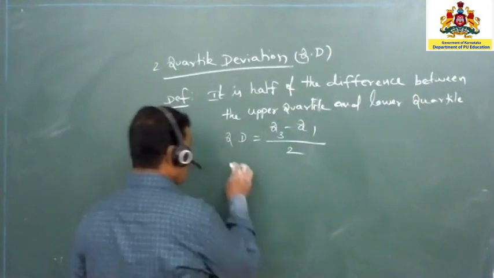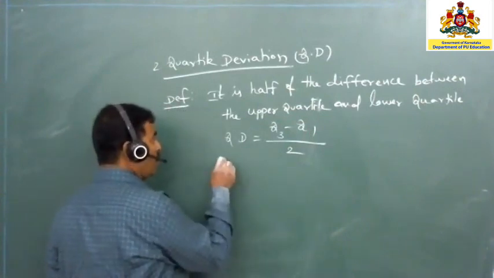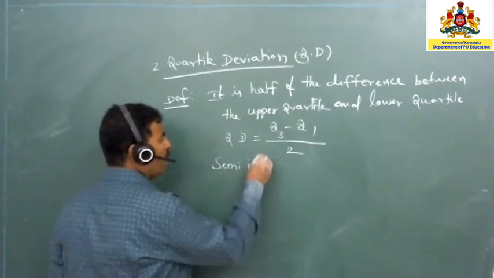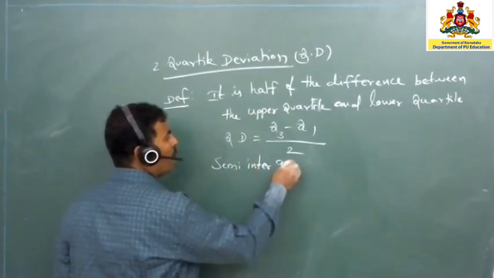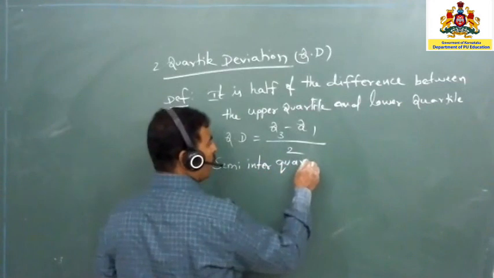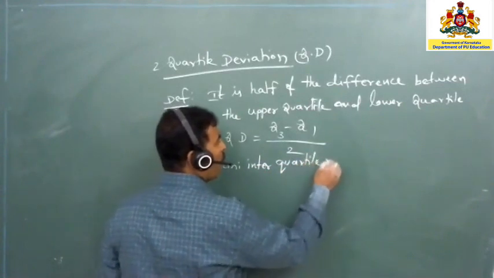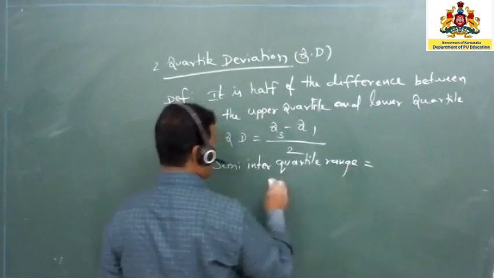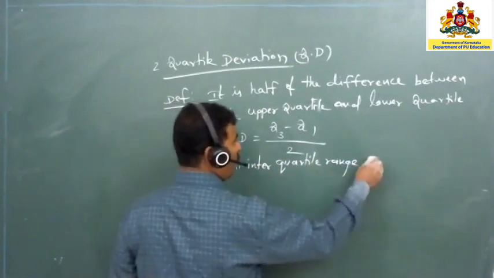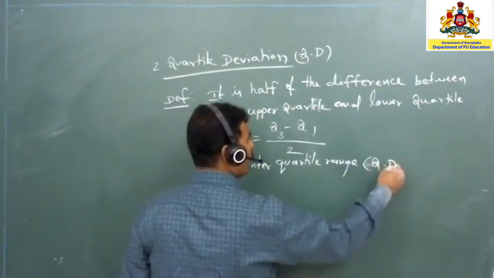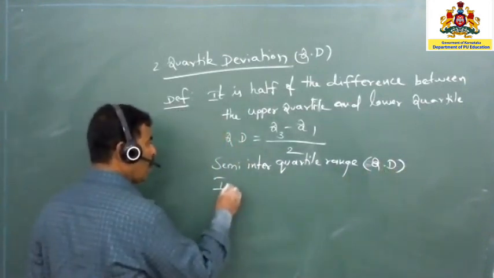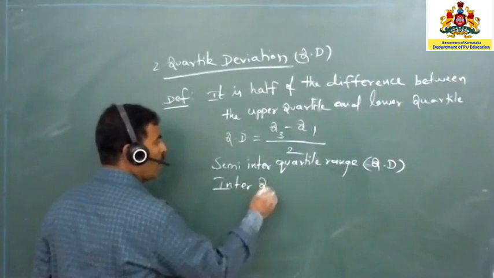Another name for it is semi-interquartile range. So QD and semi-interquartile range are both the same.